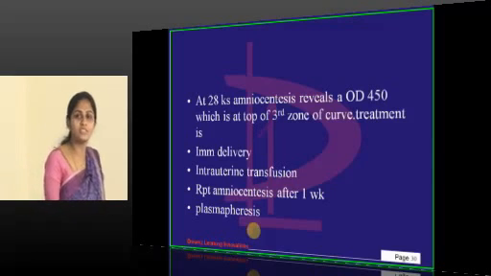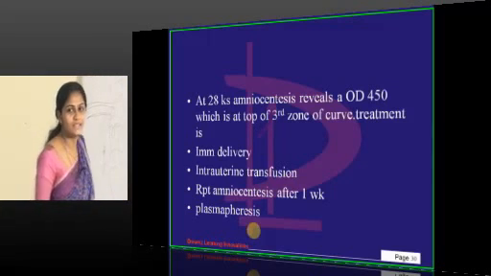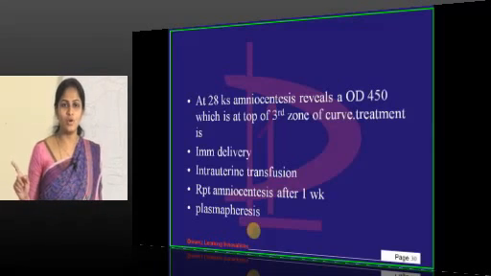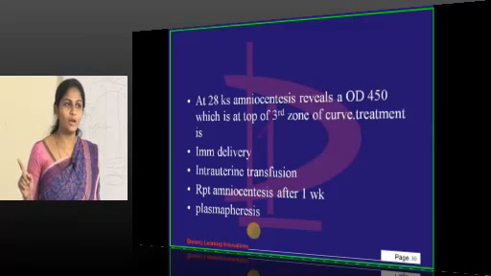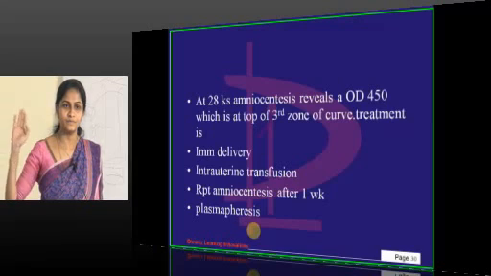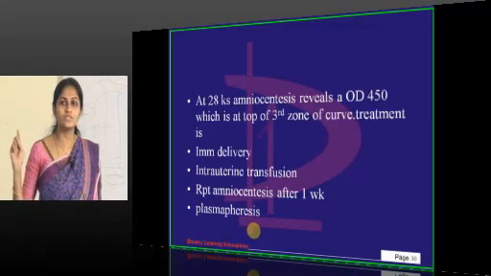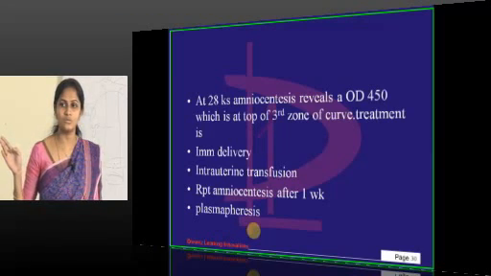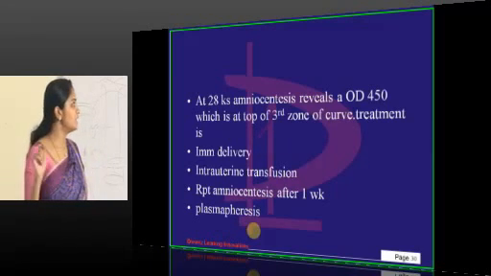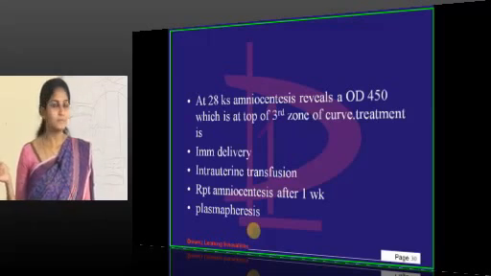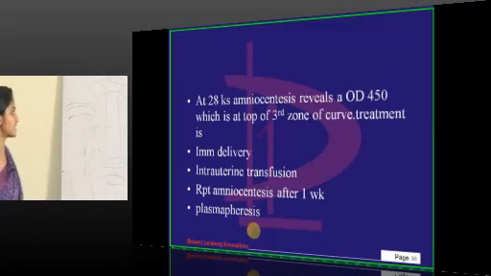What is the answer? ABCD. A, yes or no? B, how many of you want to say yes? C? If A is wrong, B is wrong, C, yes or no? C is yes. D? D, no. So B and C. Now tell me which is correct.